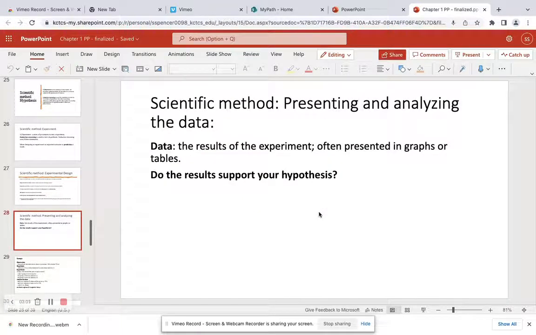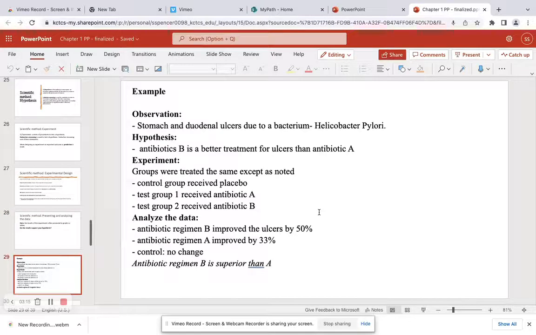So then after we design our experiment, we're going to have data. Data is going to be plotted in graphs or tables, and we'll have results, and we will either accept or reject our hypothesis. So an example here, we made our observation. Our observation is stomach and duodenal ulcers are due to a bacterium, H. pylori.